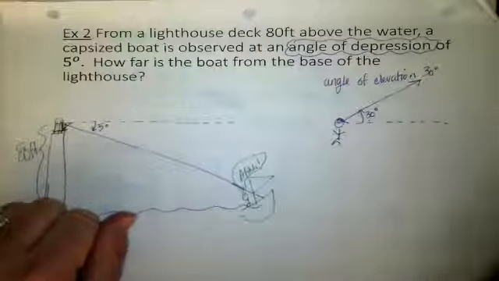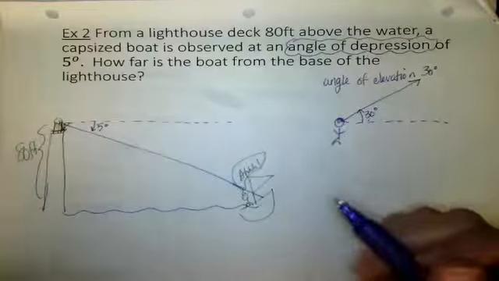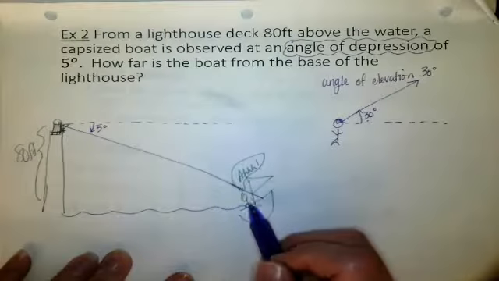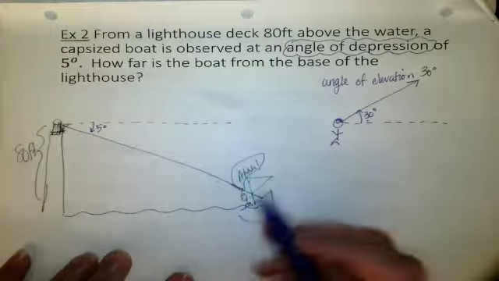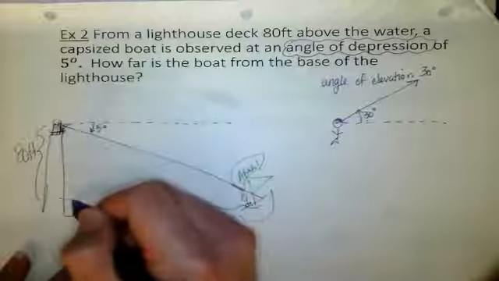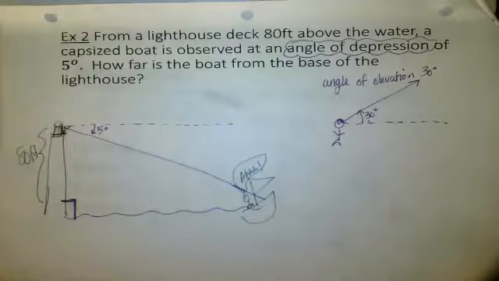So for the 5 degrees, would it be in the top corner or the bottom? So this is 5 degrees, but you're asking about this corner? First of all, this lighthouse, we're going to assume safely that it is perpendicular, standing straight up.